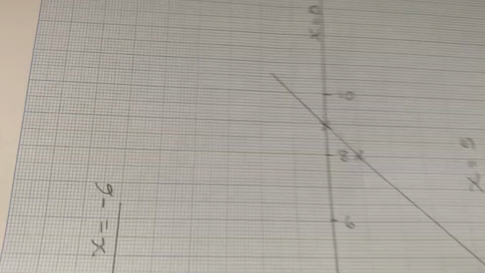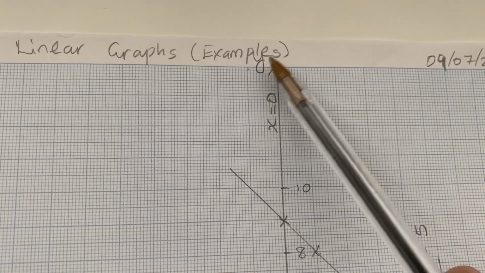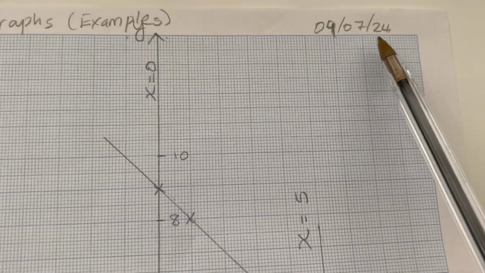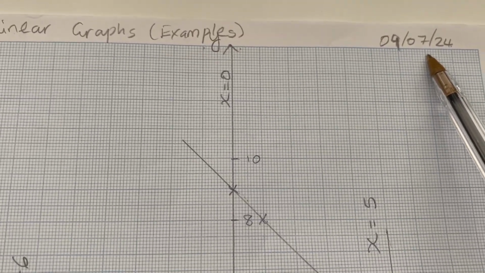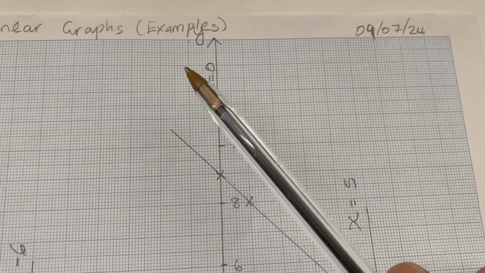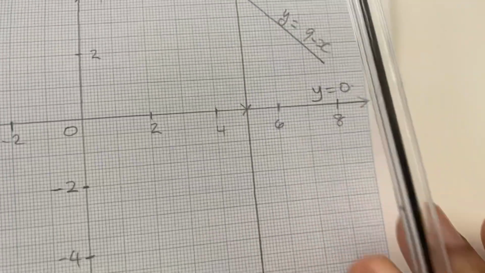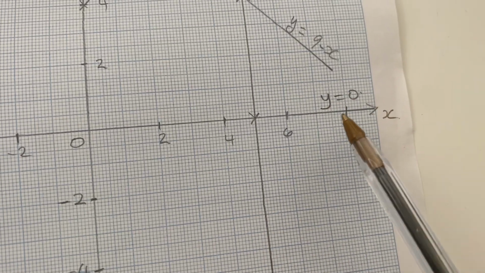So I have my grid here, a linear graph, and I've put my date. Today is the 9th of July. That is my y-axis, and that's my x-axis.